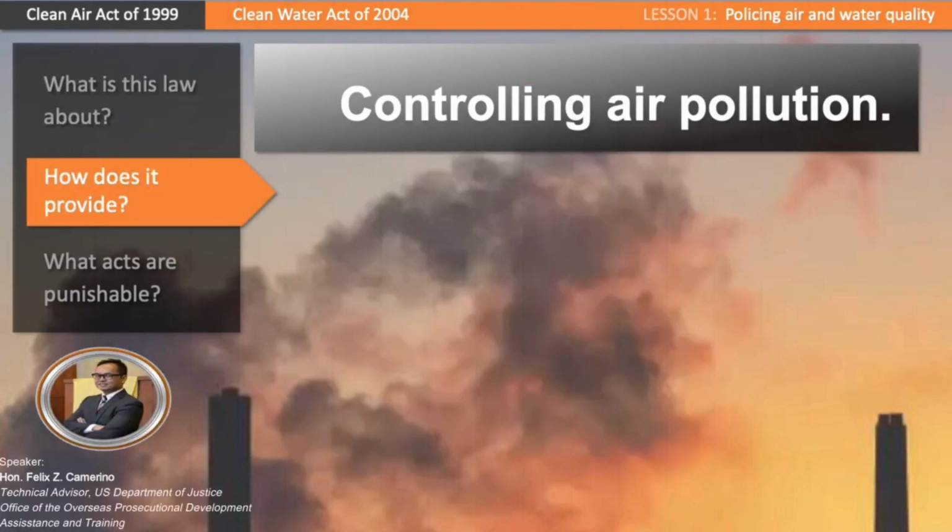So as a policy, this Clean Air Act of 1999 describes the requirements for a comprehensive air quality and pollution management and control, and organizes these requirements into 3 areas.